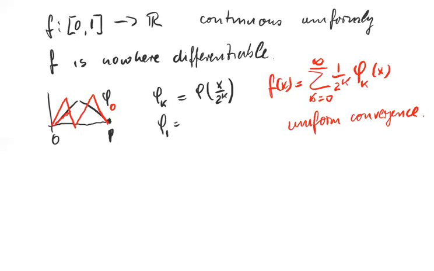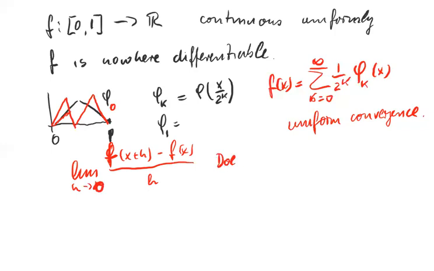A continuous function defined on a compact interval, therefore it's uniformly continuous. And then you can check that the limit of f of x plus h minus f of x, as h goes to 0, does not exist for any x.